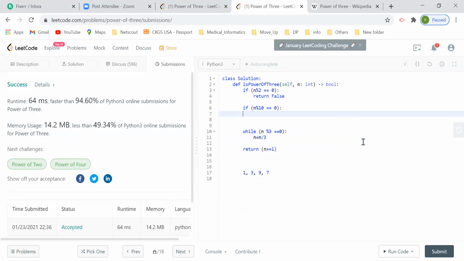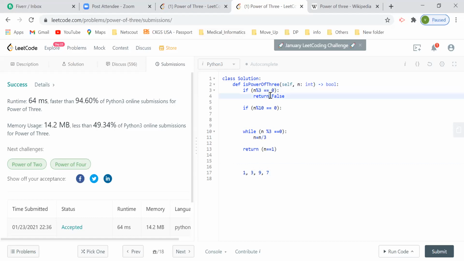Are you sure? How about 37? No, first thing is it should be divisible by 3. If it's not divisible by 3, then your logic goes away. Then at the second level you need to find out whether the last digit is 1, 3, 9 or 7.